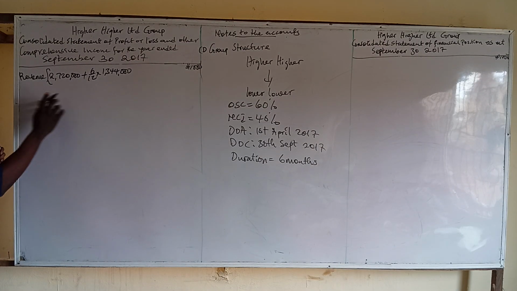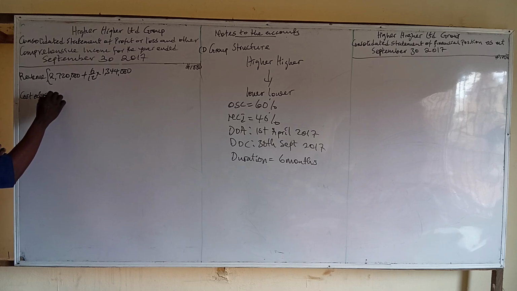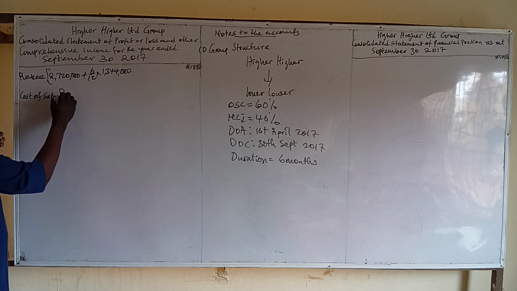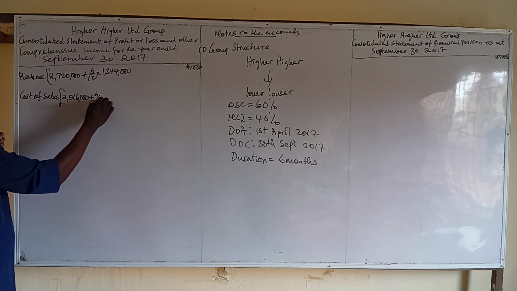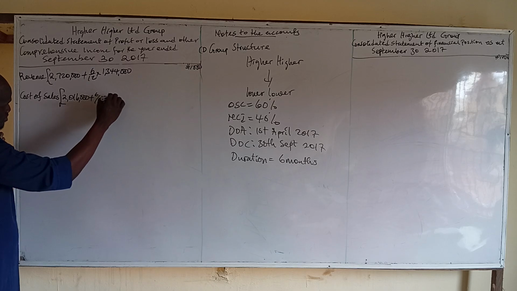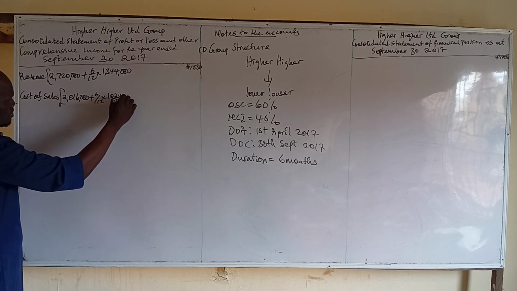You move to the next line, and the next line is cost of sales. Open the bracket. Cost of sales for IIR is 2,016,000 plus 6 over 12 of the cost of sales of Lower, 1,024,000.